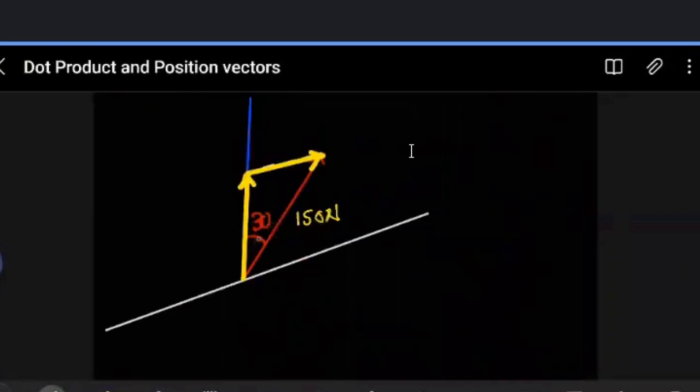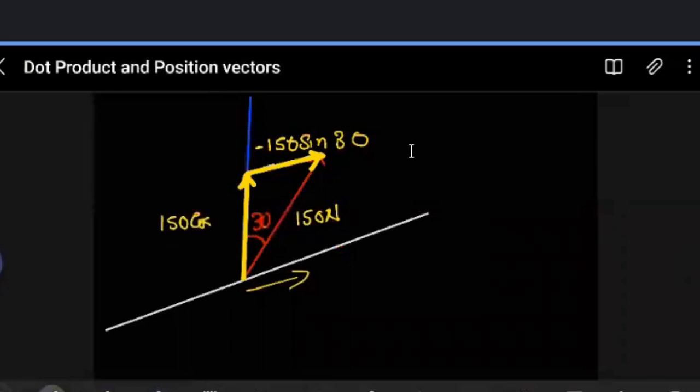Since the 30 is opposite to this piece, I'll be using sine there. So it's going to be 150 sine 30. And notice that this is pointing in the negative x, pointing backwards like that. So this has to be negative. For the z-axis, it's pointing up, so it's positive. It is side by side with the 30, so they are adjacent. So we're going to have 150 cos 30.